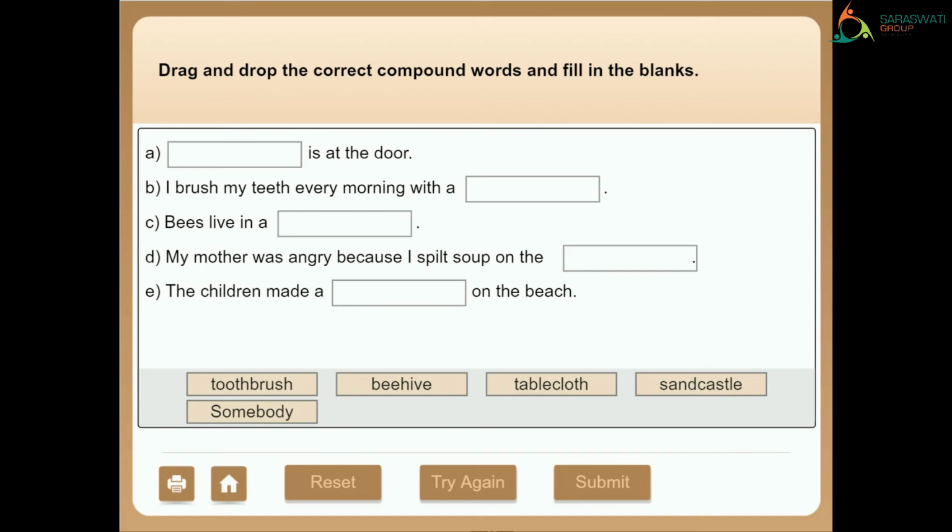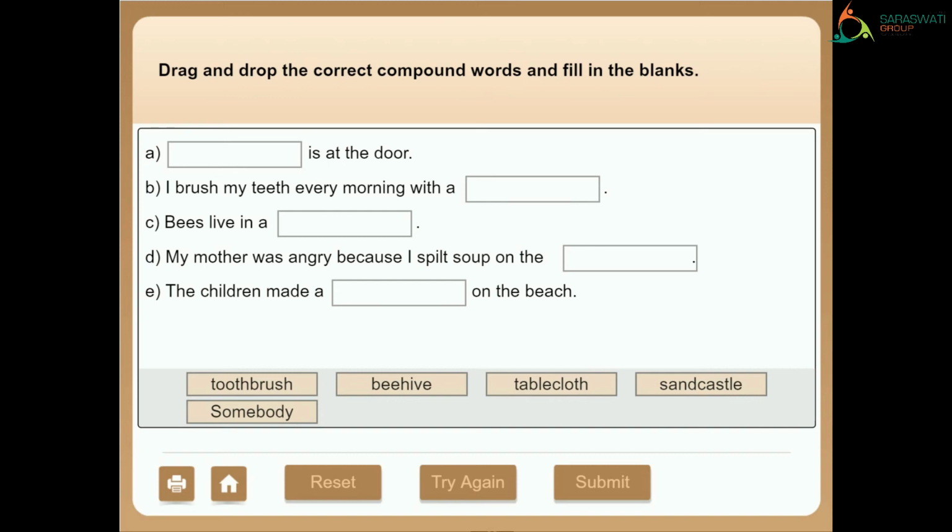So boxes are given and the word boxes are given down here, from which we will have to put the words in appropriate places. So let us read the blanks one by one. Then we can see whether the words are matching or not. We can complete the sentence correctly or not.